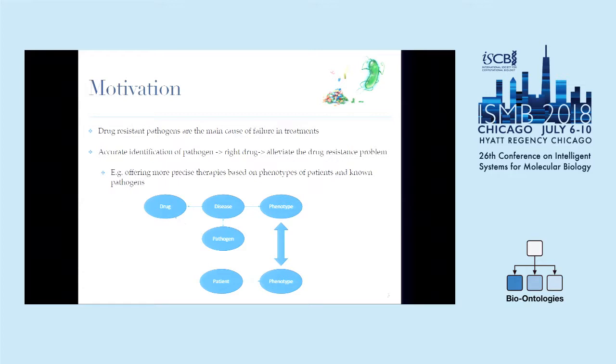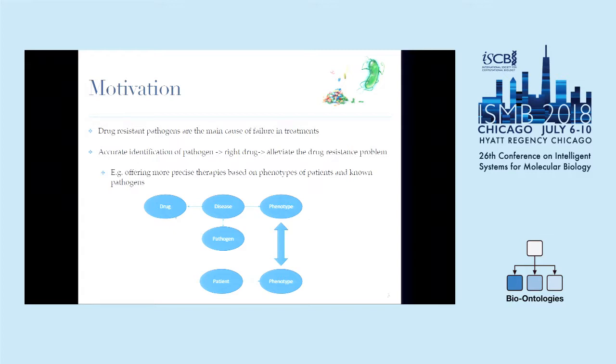And recently we are working on a project in which we try to develop a system or a tool that would support infectious disease diagnostics. And we aim to offer more precise therapies based on the phenotypes of patients and known pathogens.